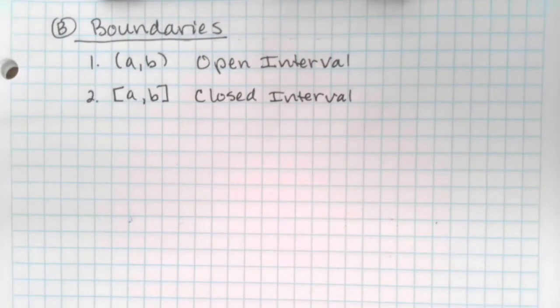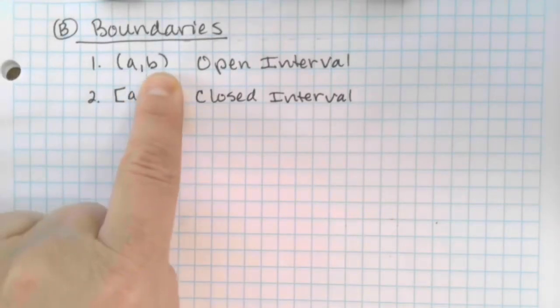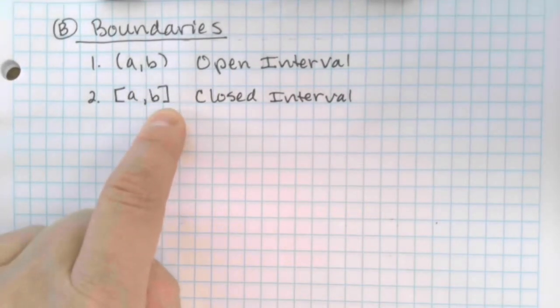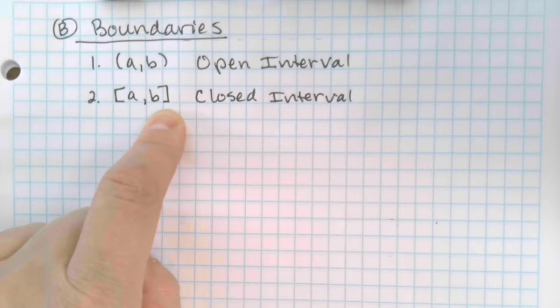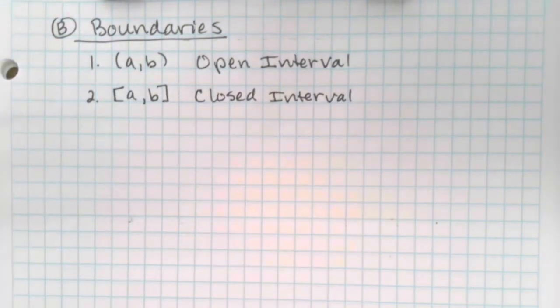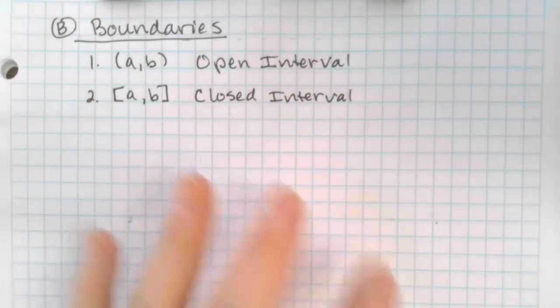Now I want to pause a moment. I've just used the words open and closed to describe 2 different things, and I want to make sure you notice that. An open endpoint is the parenthesis B. A closed endpoint is this bracket B. So you can use open and closed to describe an endpoint, but you can also use open and closed to describe the entire interval, which is what we're doing here.